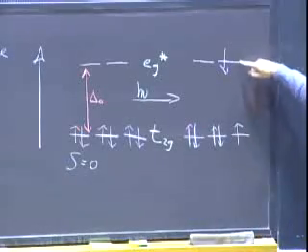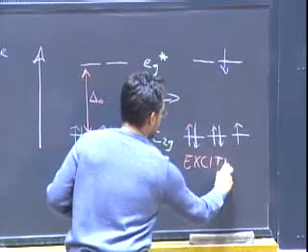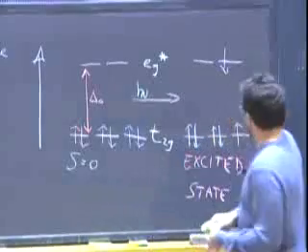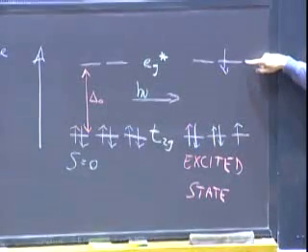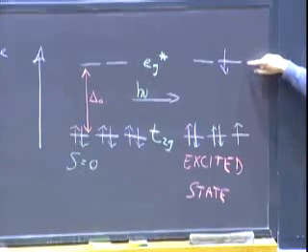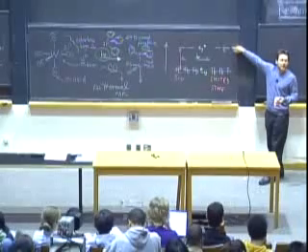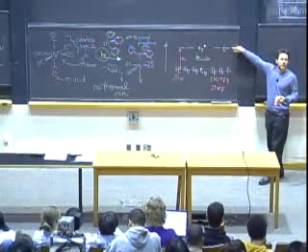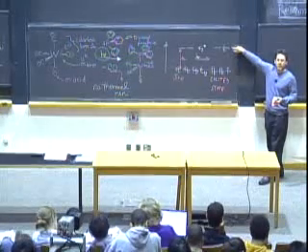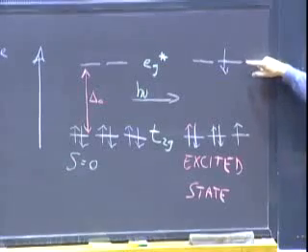But notice now, in the excited state, we have an electron in eg star. And as I was discussing last time, when you look at the MO theory for a problem like this, eg star is sigma antibonding with respect to the ligands. I'm going to illuminate that for you very clearly in a few moments with a graphic. But this is sigma star with respect to the ligands.